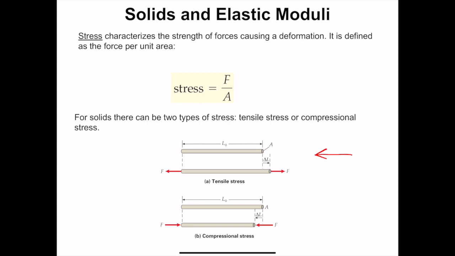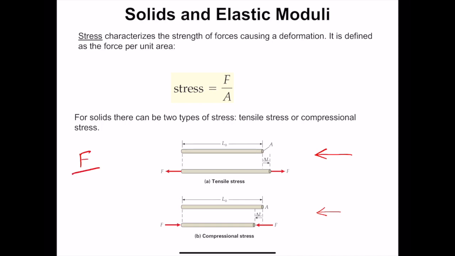If you applied the forces in opposite directions into the object, then you're compressing the object, and this is called compressive stress or compressional stress. The definition of stress is the same for both of these situations. So what is the definition of stress? Stress is defined as the force divided by the cross-sectional area of the sample.